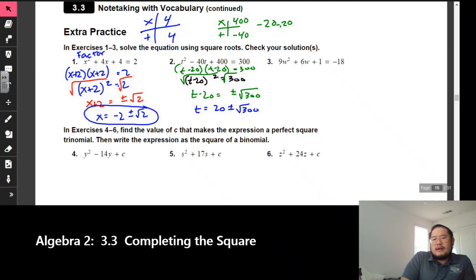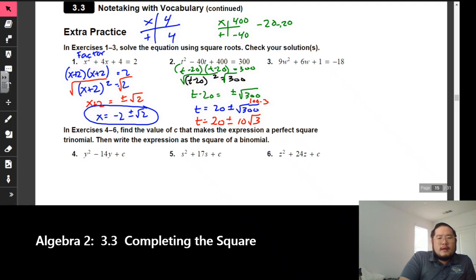What are some perfect square factors of 300? Think of 100 times 3. I can take the square root of 100, that's going to be 10. So this will be 20 plus or minus 10 rad 3, and we've now simplified this out.